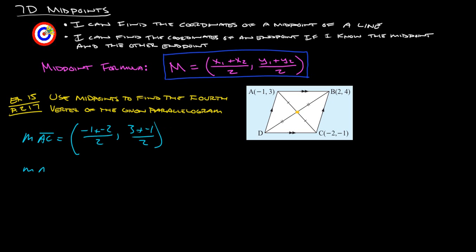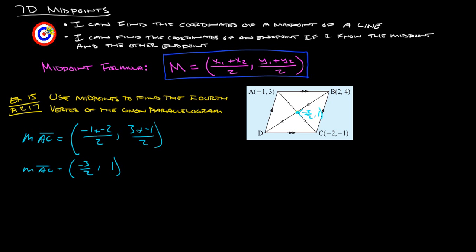So midpoint of AC: -1 and -2 is -3 halves, so we can just leave that. And then 3 plus -1 is 2. 2 divided by 2 is just 1. So there's our midpoint of AC. So we know this point right here is -3 halves, 1. Okay?